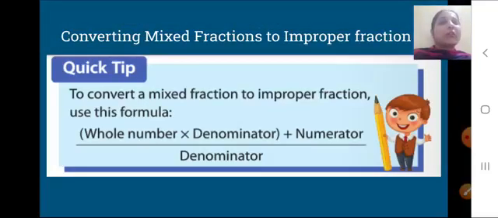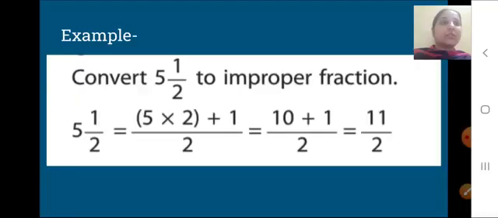How? To convert a mixed fraction to an improper fraction, we use this formula: whole number multiplied by denominator. First we will multiply the whole number by the denominator, and then we add the numerator to it, and then we divide it by the denominator. Let's see one example, then this formula will be clear to you. Suppose you have a mixed fraction, 5 whole 1 upon 2, and you have to convert this mixed fraction to an improper fraction.